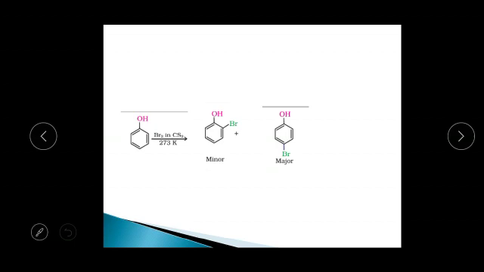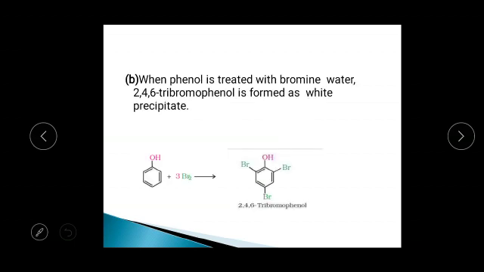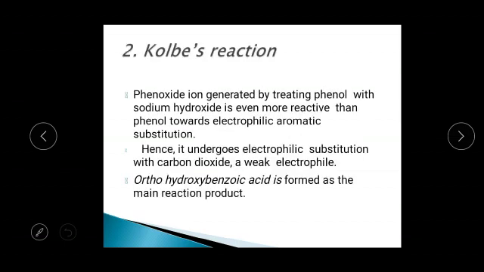Using bromine in milder conditions gives bromo compounds. When phenol is treated with bromine water, which is a strong condition, we get 2,4,6-tribromophenol, similar to 2,4,6-trinitrophenol.